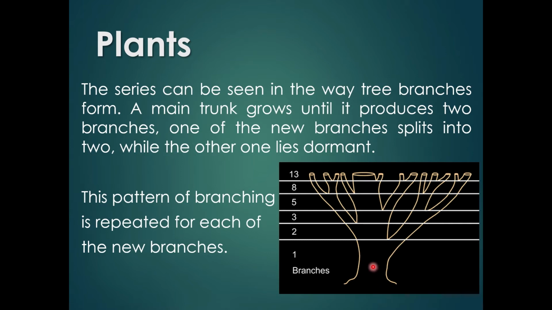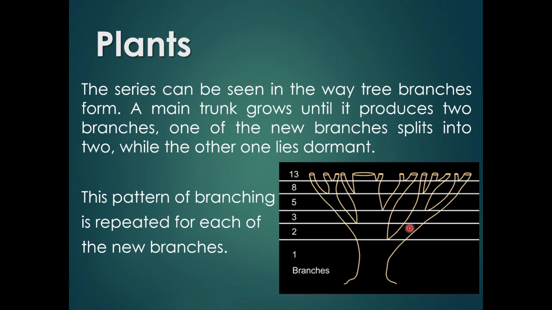So there is one, there is another one. 1, 1. This branch grows, and then there is another branch on this side. So there is one here and one here. So 2 branches.